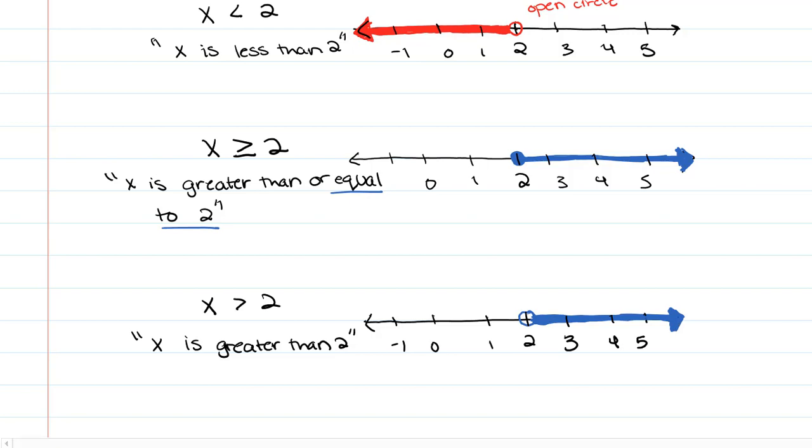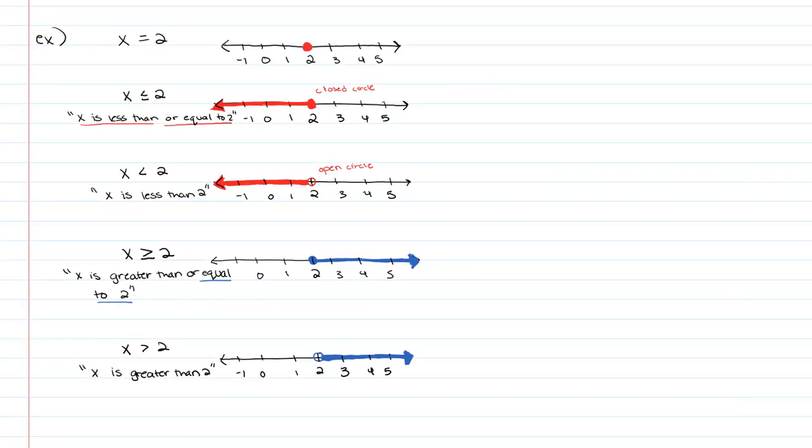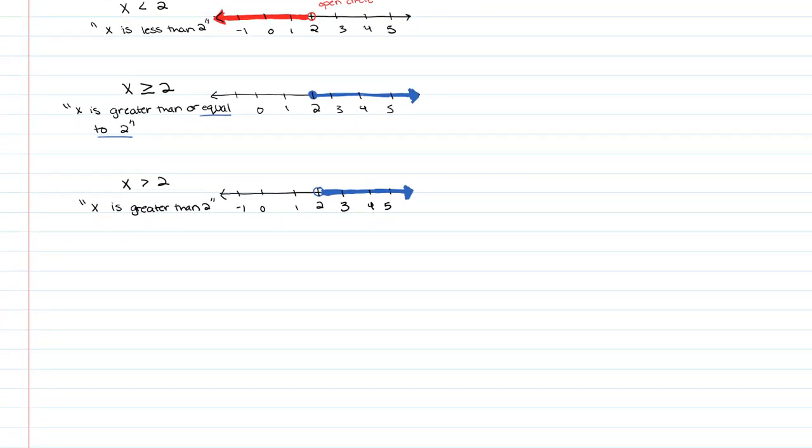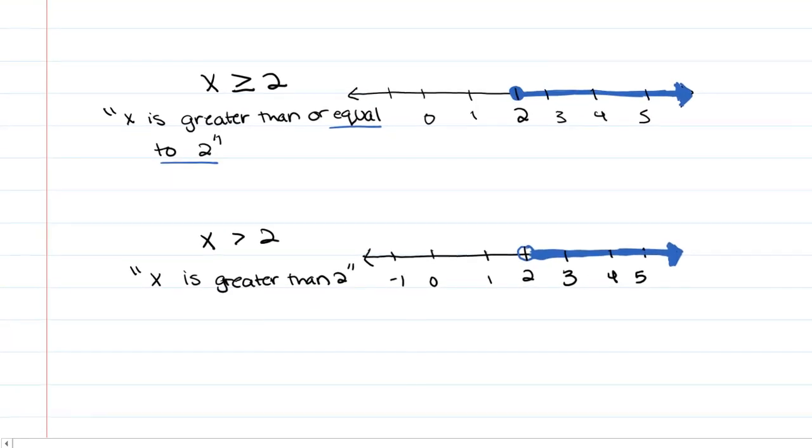So there's an example of what all 5 of the inequality signs look like using the same number. We could do any number. Just be careful, in all of these, the variable is on the left. However, if you have the variable on the right, we could have the same thing.